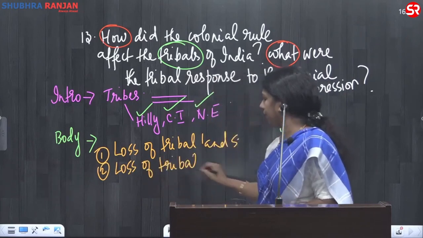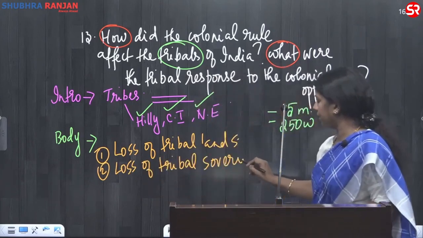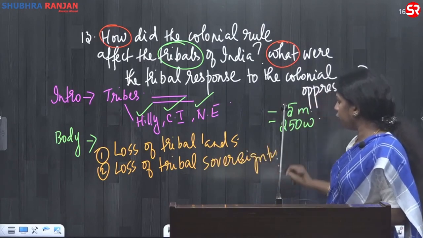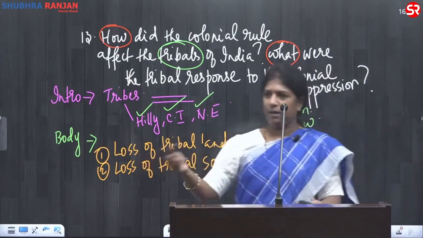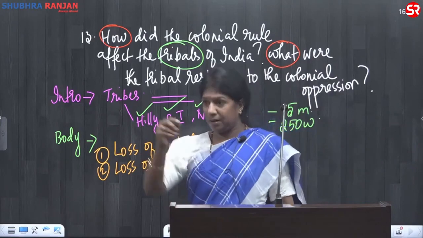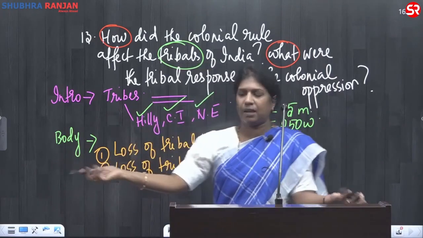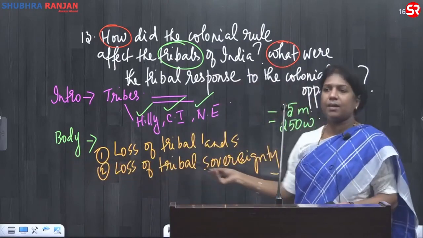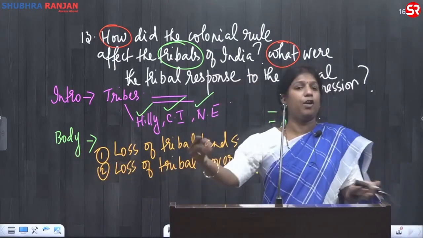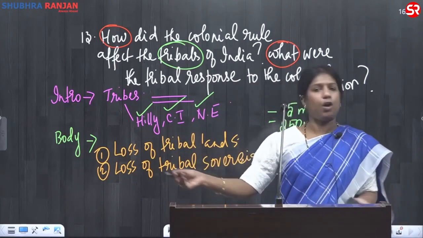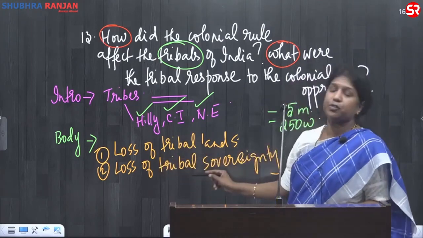Particularly what sovereignty? Tribal sovereignty. You can add these two points, you can merge it, you can split it. I was once a tribal king, but now the Britishers have taken my land and now I'm no more a tribal king. So loss of tribal land and loss of sovereignty.